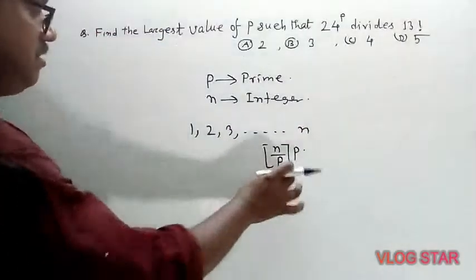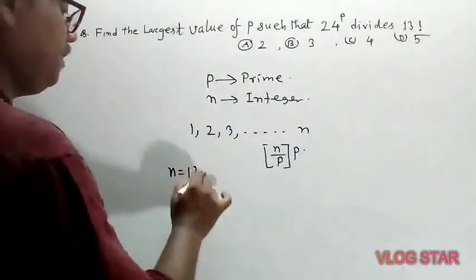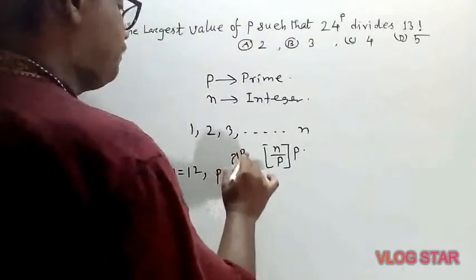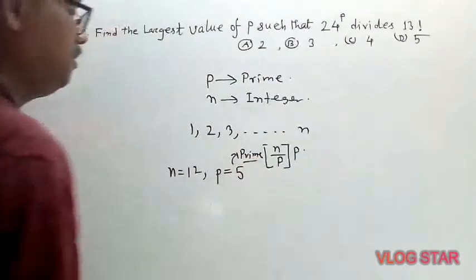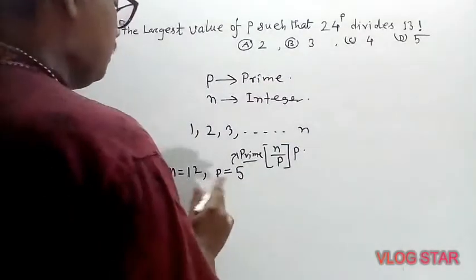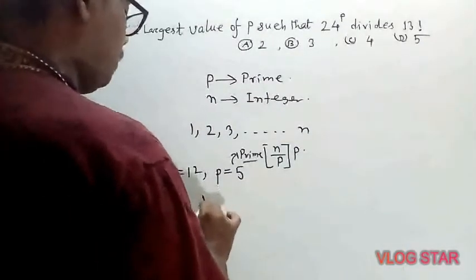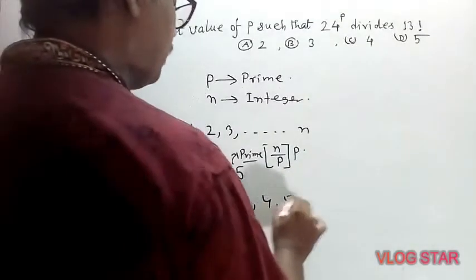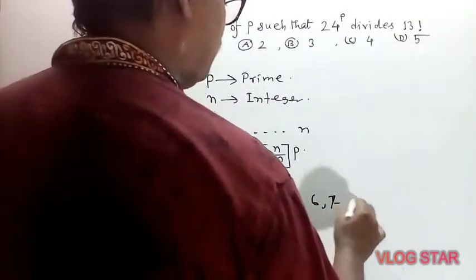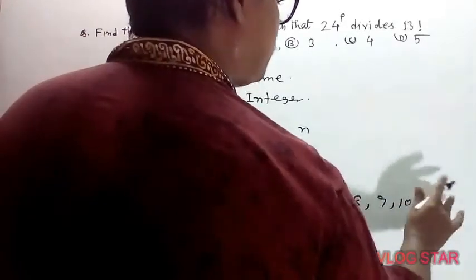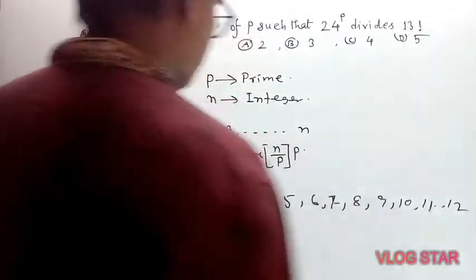To illustrate this, suppose n equals 12 and p equals 5. 5 is prime. So the last integer from 1 to 12 which is divisible by 5: 1, 2, 3, 4, 5, 6, 7, 8, 9, 10, 11, 12.